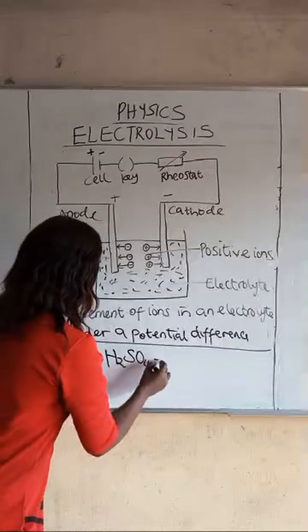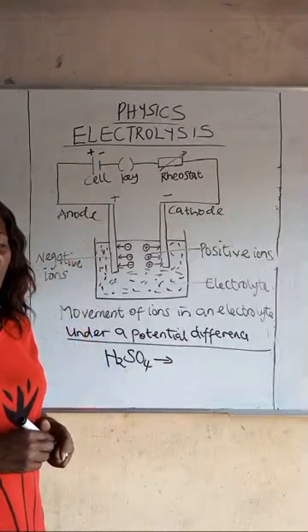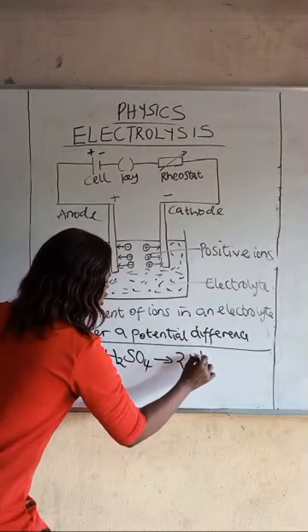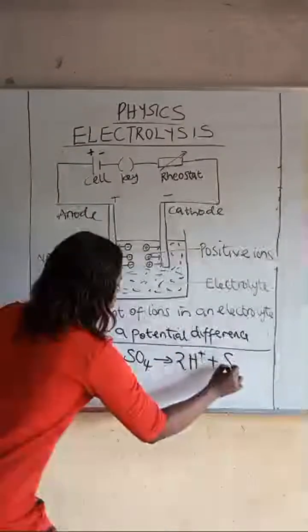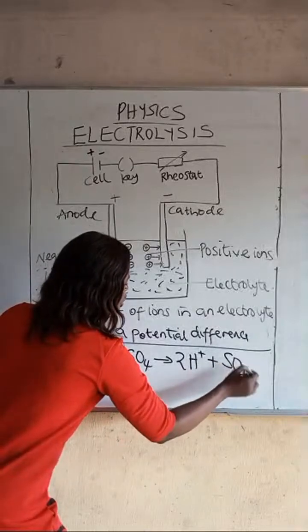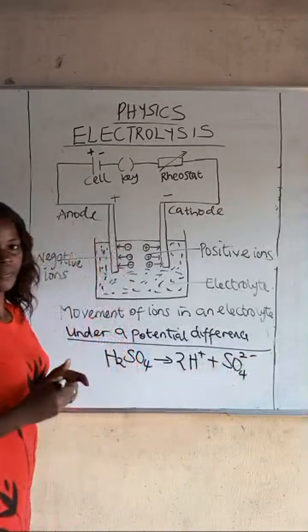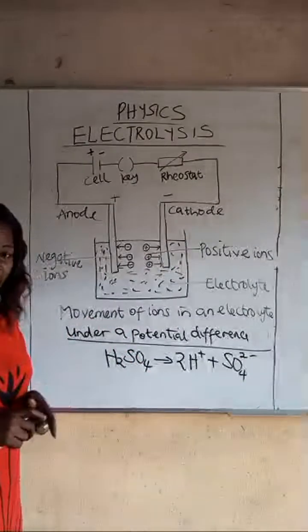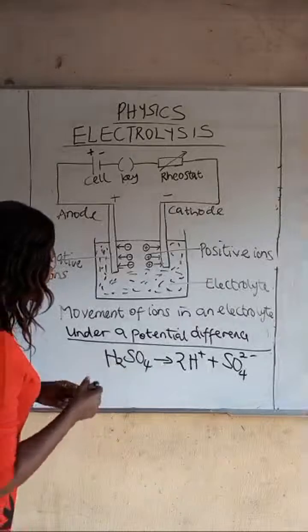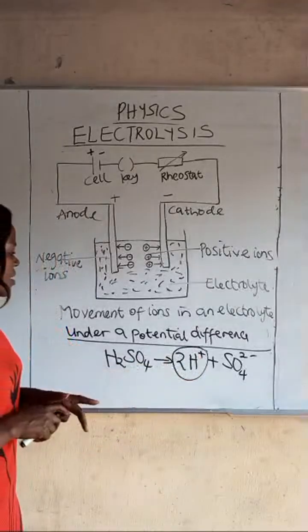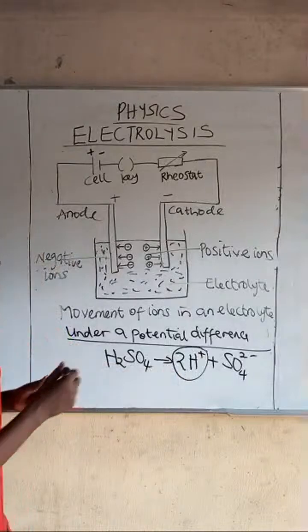Now if this electrolyte dissociates into ions, I'm going to have 2H+ and SO4 2-. Am I correct? Okay, so if that is the case, now this is what we call cations.